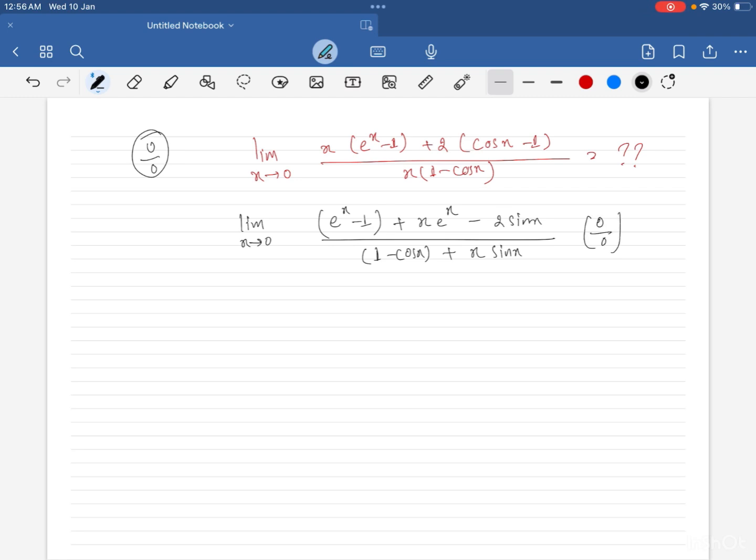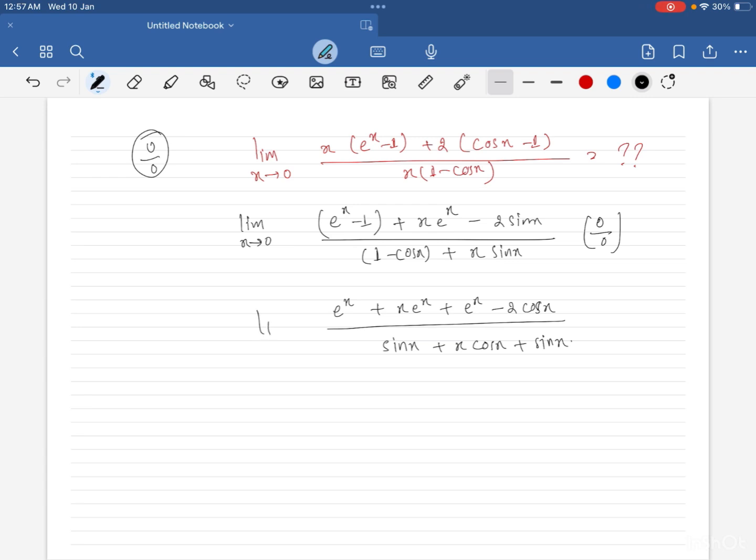Now we can again differentiate, so that will be e to the power x plus x into e to the power x plus e to the power x minus 2 cos x divided by sin x plus x cos x plus sin x, right?